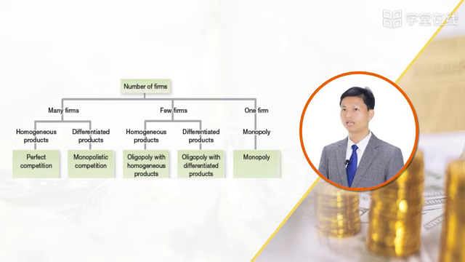In oligopoly, there are only a few firms competing, and this could be in the context of either homogeneous or differentiated products. In monopolistic competition, many firms sell differentiated products, each enjoying some degree of market power.